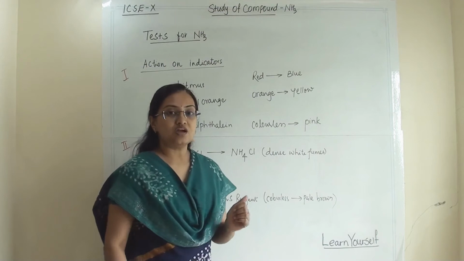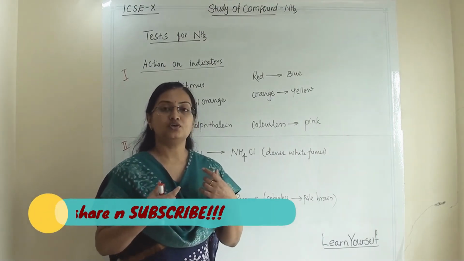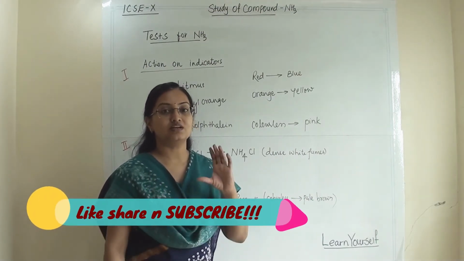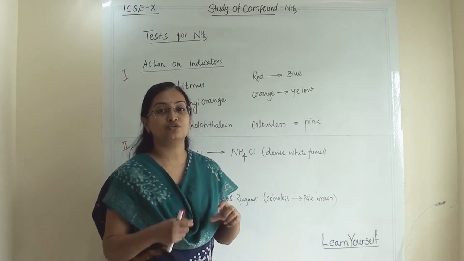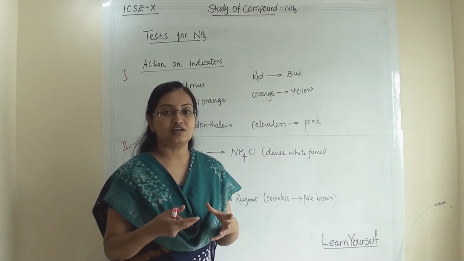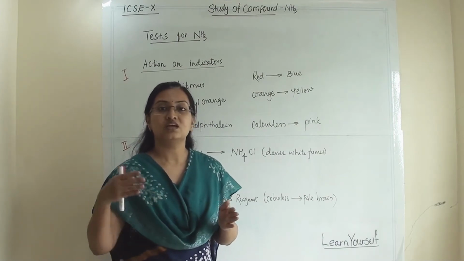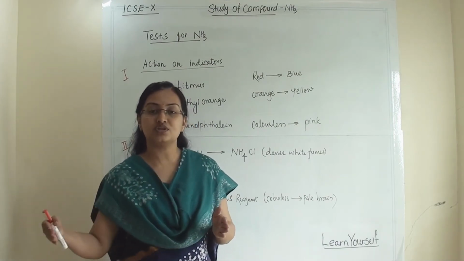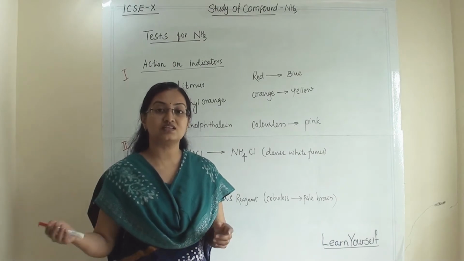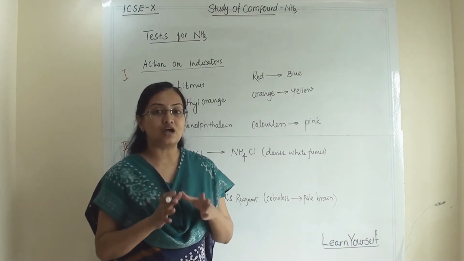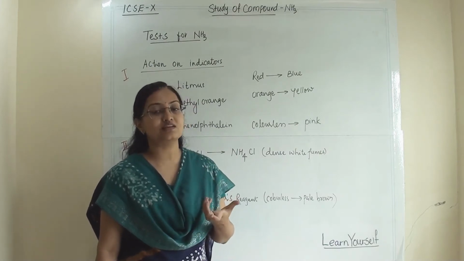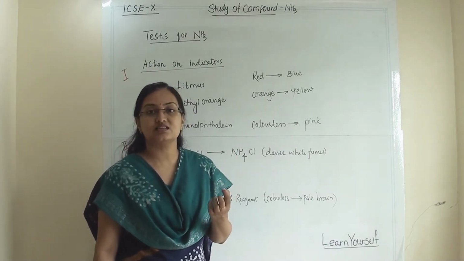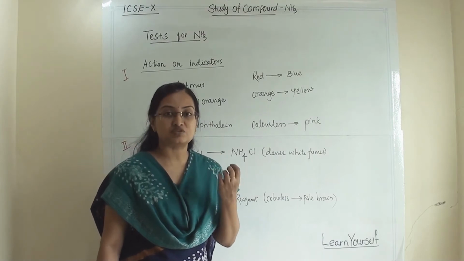So if a particular gas has been given to you in a gas jar, you have to perform certain actions on it and find out whether this is hydrogen chloride gas, ammonia gas, or oxygen gas. If you suspect that it is ammonia gas, you can recognize it by smell. Ammonia gas has a very peculiar pungent smell.